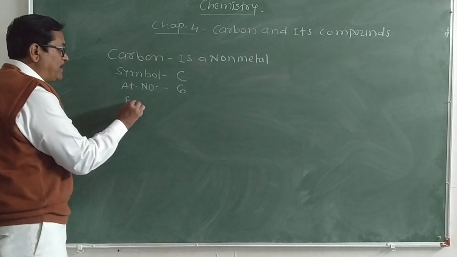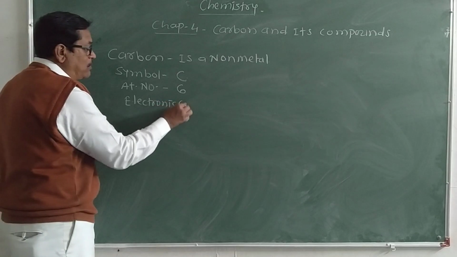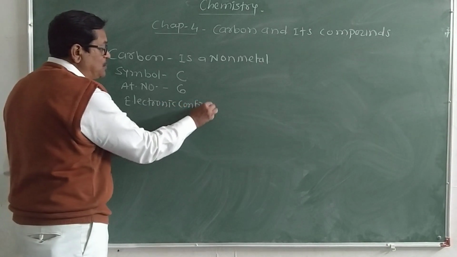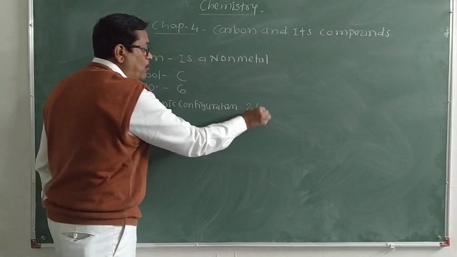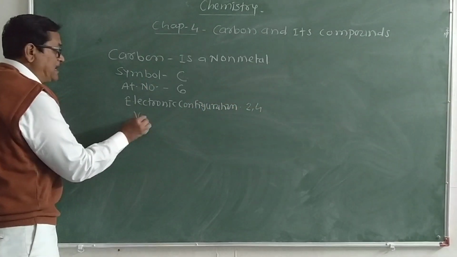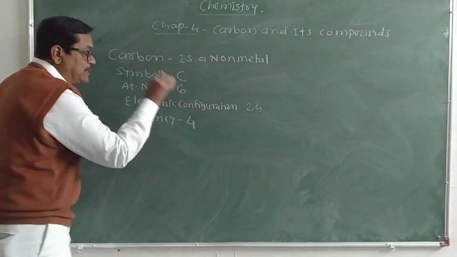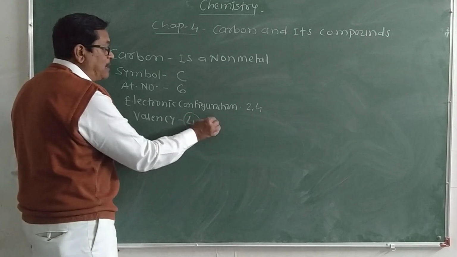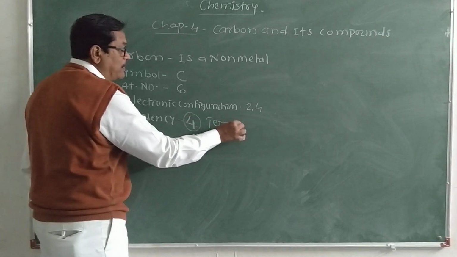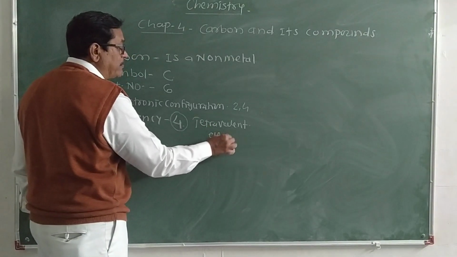Its electronic configuration is 2,4, and its valency is 4. Hence carbon is said to be a tetravalent element.